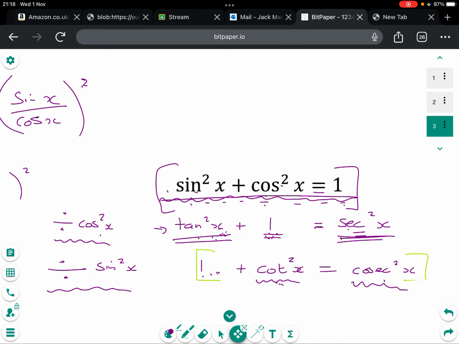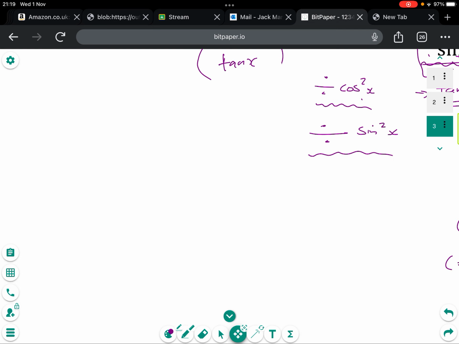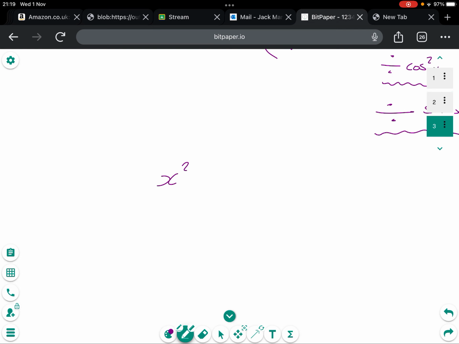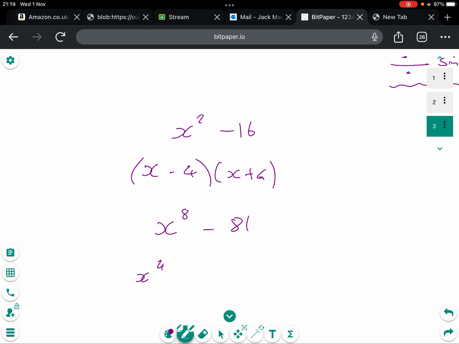So before I show you the final question, I just need to remind you about something called the difference of 2 squares. The difference of 2 squares you would have seen before, maybe at GCSE, was something like this, which can be factorized as such. You can also do it with higher powers, so you could do something like this, or maybe we could even have something like this, which would also be quite similar.